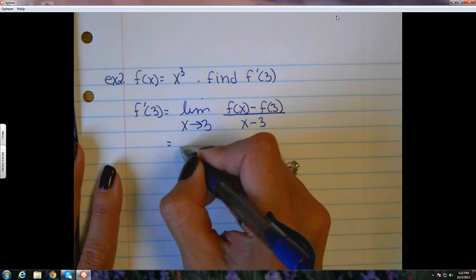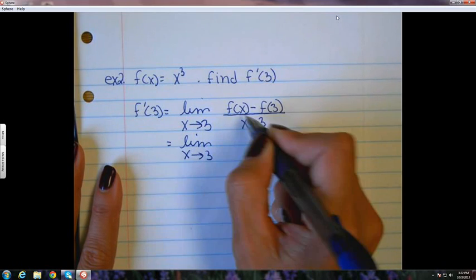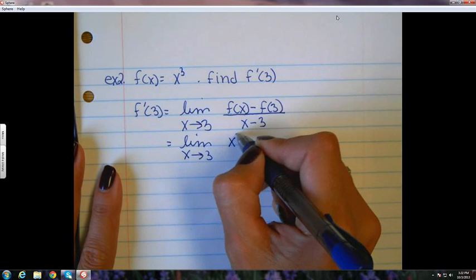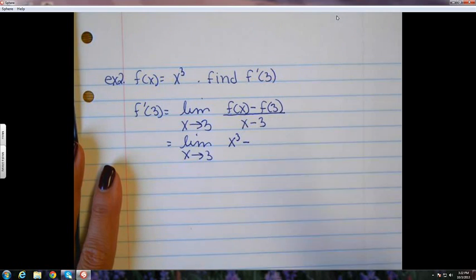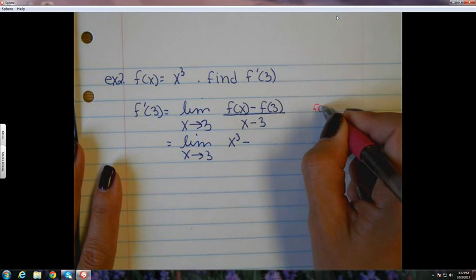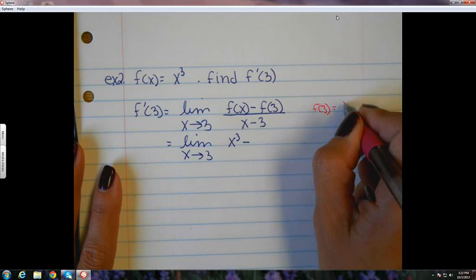So it's the limit as x approaches 3. F of x is my equation, it's just x cubed, minus f of 3. F of 3 means you plug 3 into the equation. 3 cubed is 27.